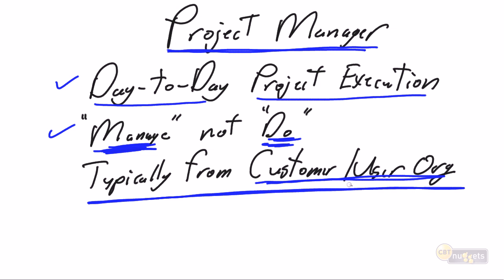Now, I deliberately said on the last slide where I had my senior supplier that the senior supplier is typically my boss, and I'm assuming I'm the project manager. So that statement, and I was very conscious of when I said it, is a deviation from what Prince2 defines as a typical project organization.